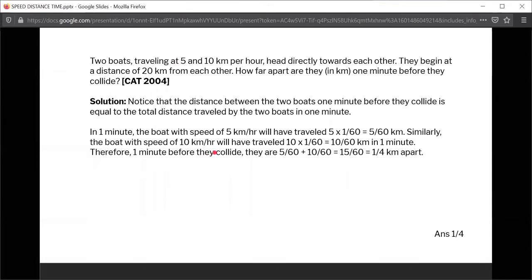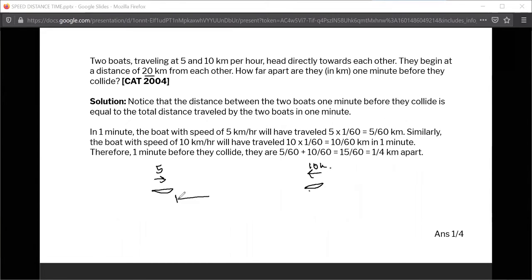This has been asked in CAT 2004. Two boats are traveling at 5 and 10 kmph. So suppose the first boat is here and the second boat is here. This is moving in this direction with 5 kmph and this is moving in this direction with 10 kmph. The initial distance is 20 kilometers.